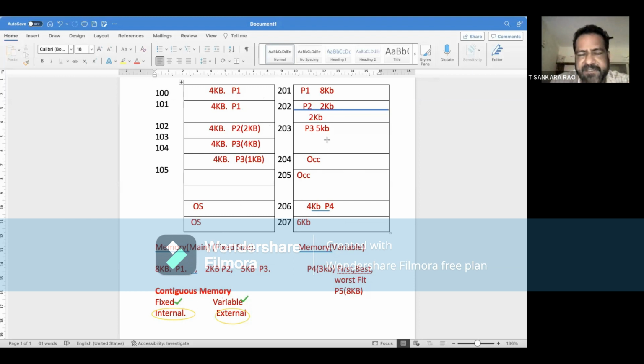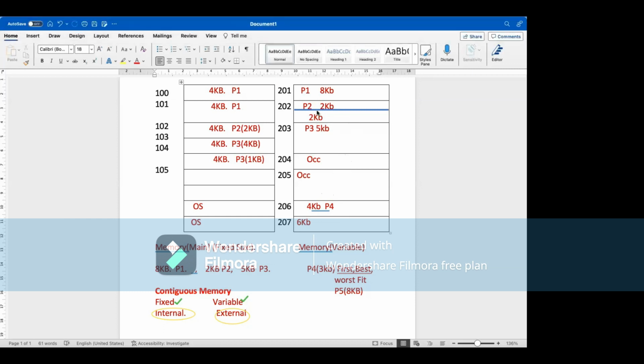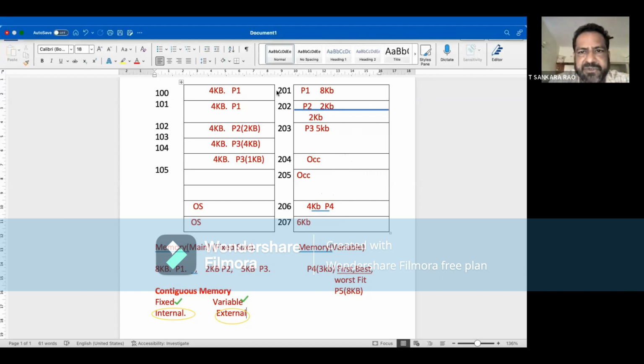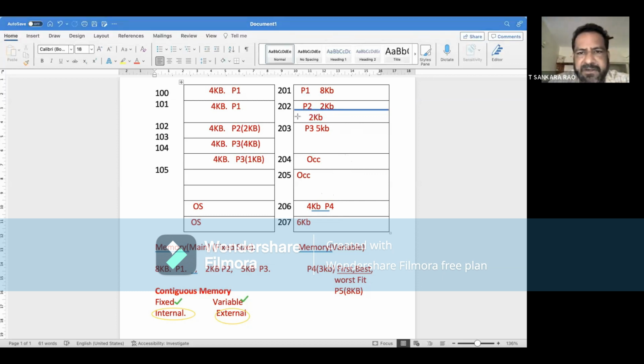In the variable size, though the required space is available, as it is not contiguous, it is also wasted. We cannot accommodate. To overcome this, what can you suggest? Fragmentation is wastage. The word fragmentation is used for wastage of space.